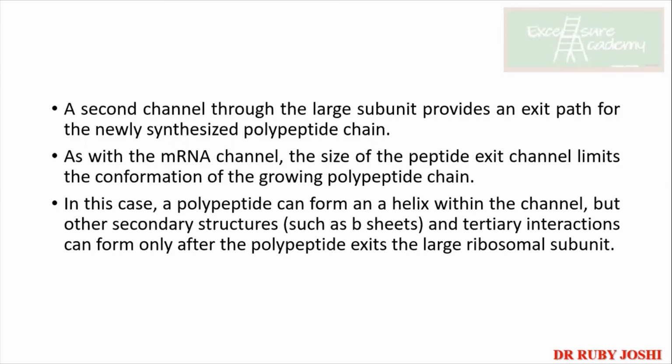Okay, alpha helix उसमें बन जाता है if it is provided in the polypeptide chain information. ठीक है, whereas the other secondary structures like beta sheets and the tertiary interactions, they can only form once the polypeptide exits the larger ribosomal subunit. So once it is released into the cytoplasm, then only the polypeptide chain is going to form into a protein. Okay, so protein means it is having the secondary, tertiary, or last, if it is required, the quaternary structures.